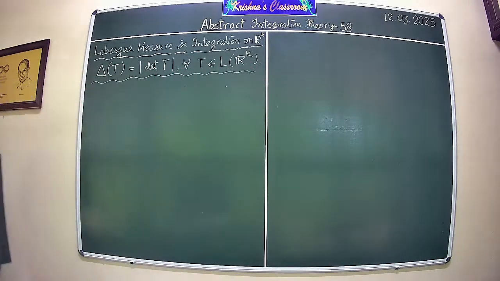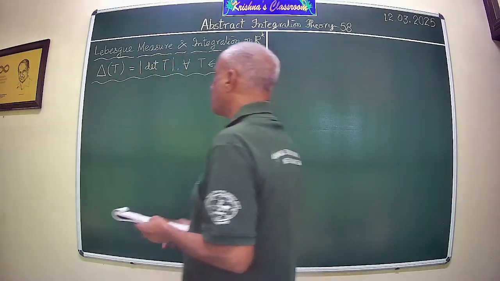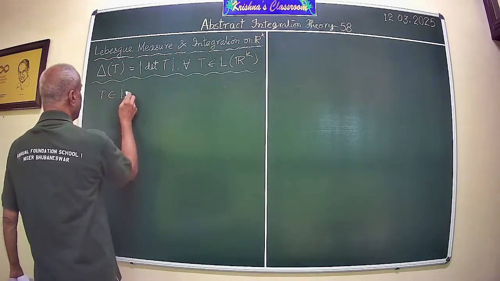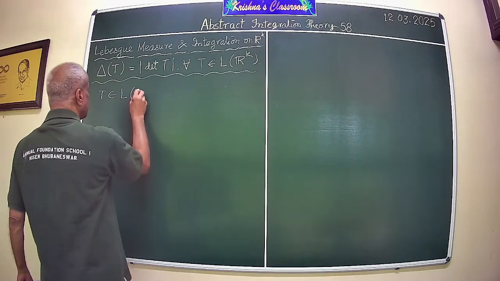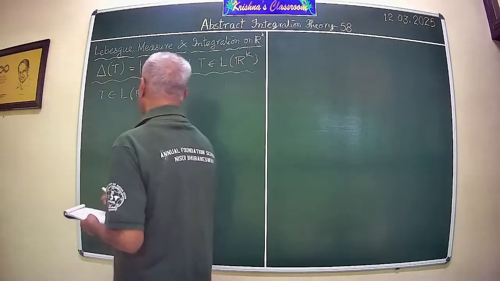Today we look at the following problem. We have already seen that T belongs to L, a linear transformation on R^k.